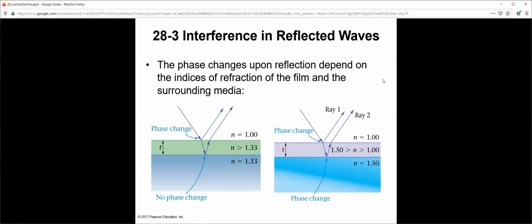The phase changes upon reflection depend on the indices of refraction of the film and, of course, the surrounding medium. This is all Snell's law stuff. We're now taking Snell's law conversations, and we are adding constructive and destructive interference patterns to that conversation.